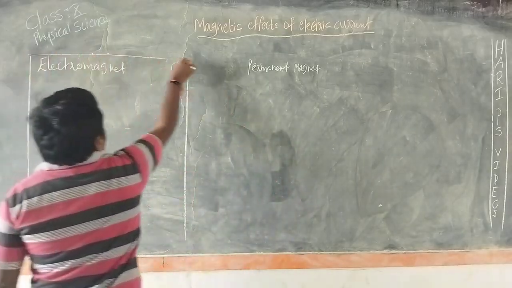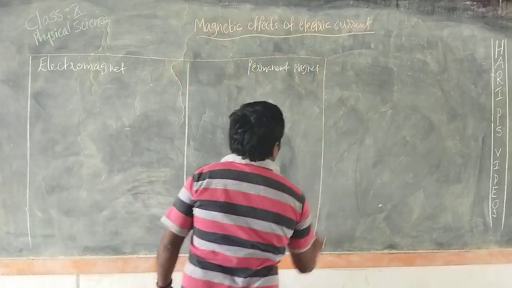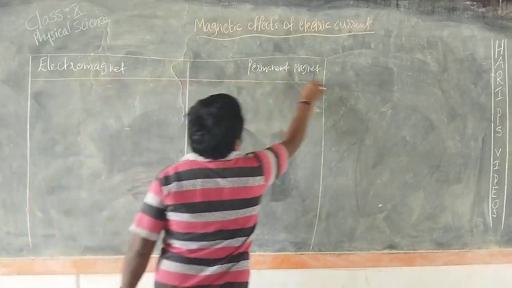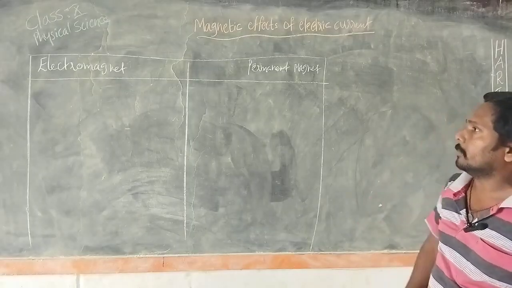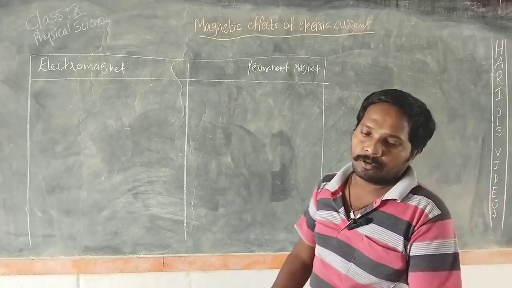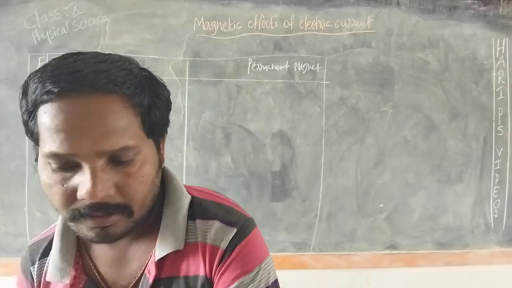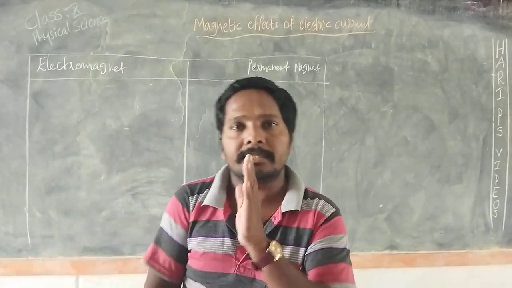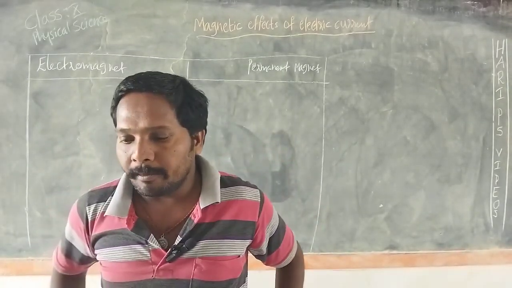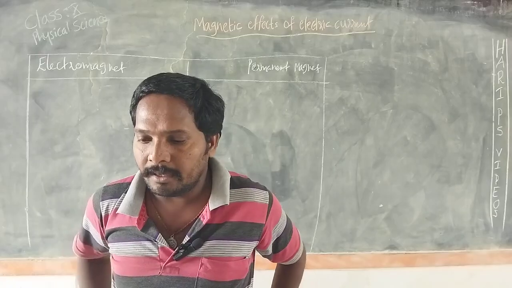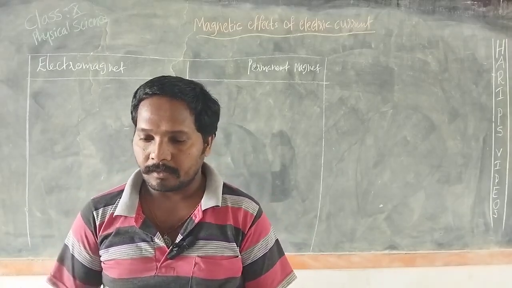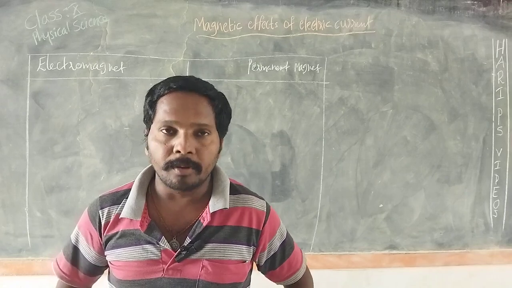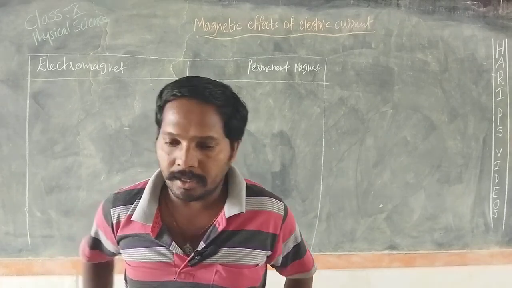Let us discuss the differences between a bar magnet or permanent magnet and an electromagnet. First, a simple introduction about electromagnets.